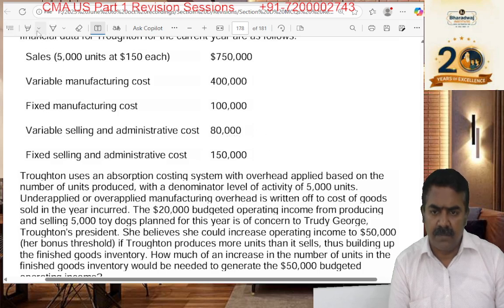Sales they have given. Variable manufacturing cost they have given. Fixed manufacturing cost, variable selling and administration cost, fixed selling and administration cost is given. They follow the absorption costing system. Based on number of units produced, denominator level activity of 5,000 units.